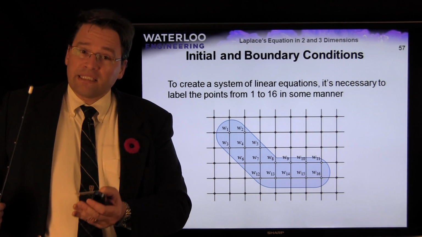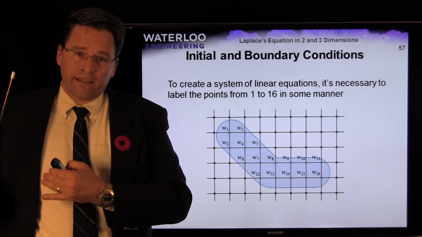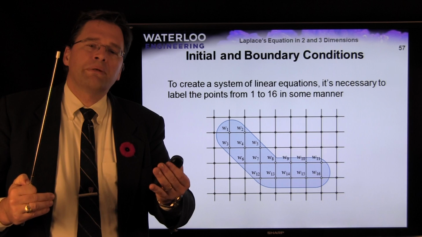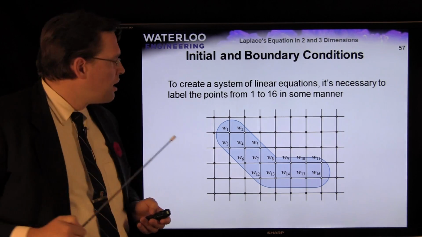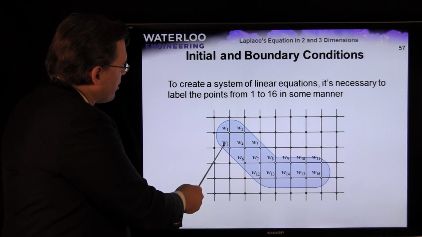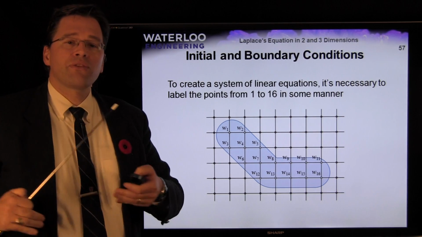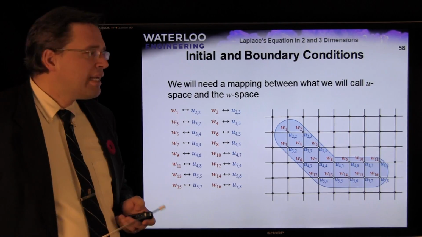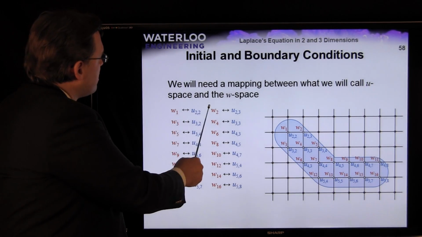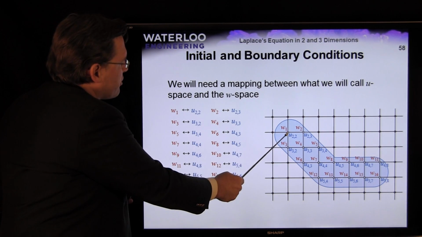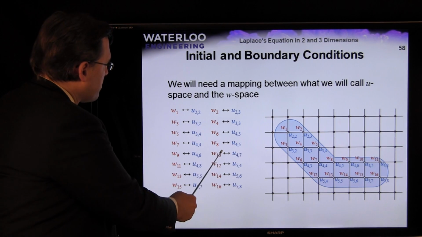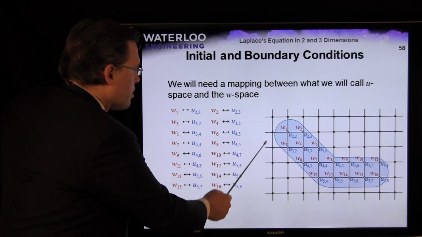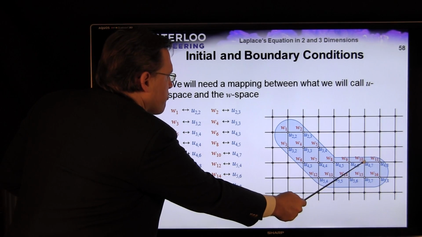We want to create a system of n equations in n unknowns, and in this case there's 16, so it's going to be 16 equations and 16 unknowns. So let's label each interior point by a value, w1 through w16. Now, w1 is associated with the point u22 in the matrix. w10 is associated with the point u47.